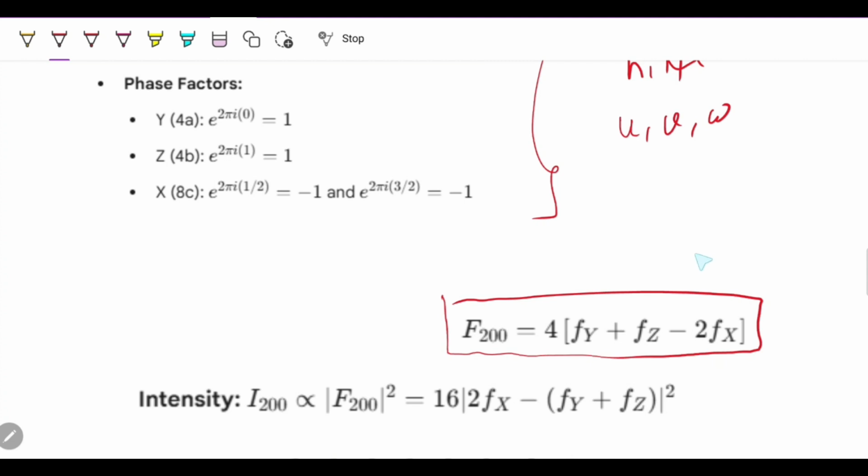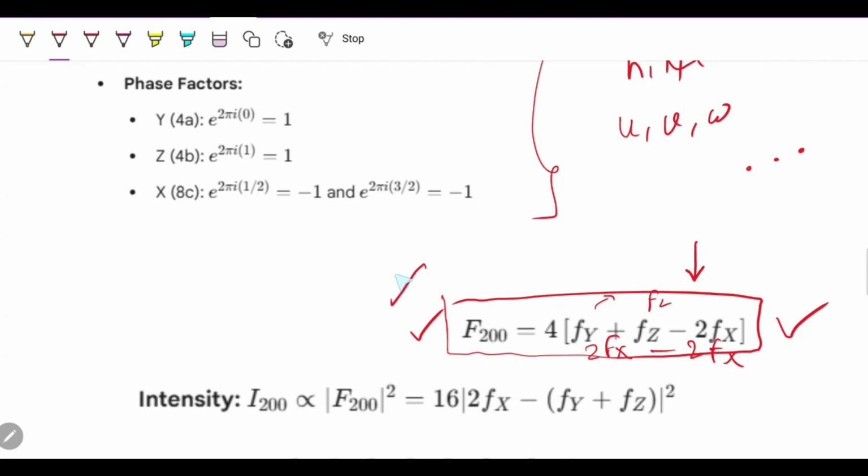Now here, if we focus on the structure factor, it depends on whether X, Y, Z are going to their fixed positions, then of course you will have the F200 peak. Suppose they are swapping with the X atom, then basically this will be 2Fx and minus 2Fx, so this peak will disappear.